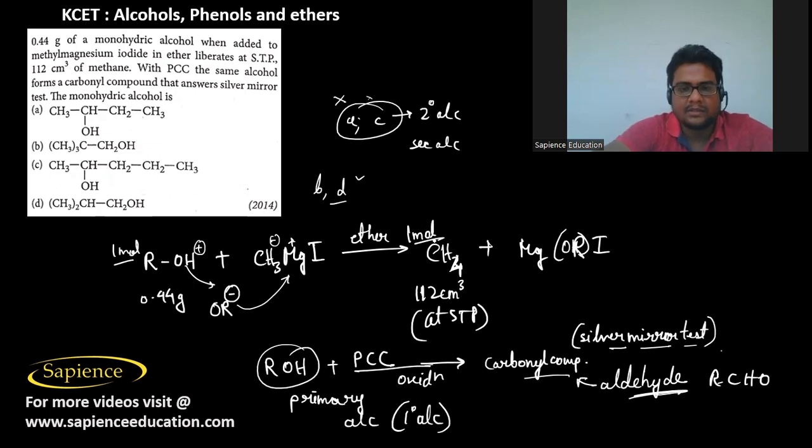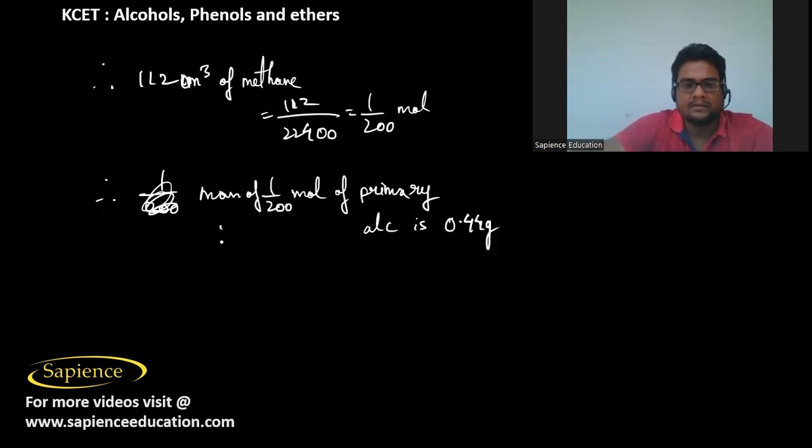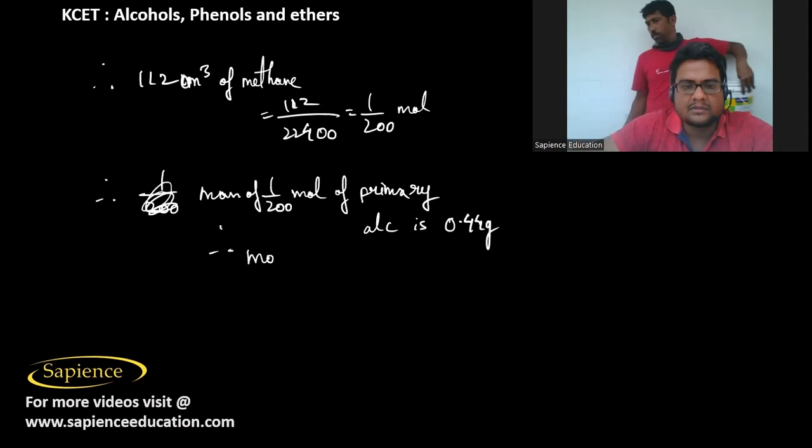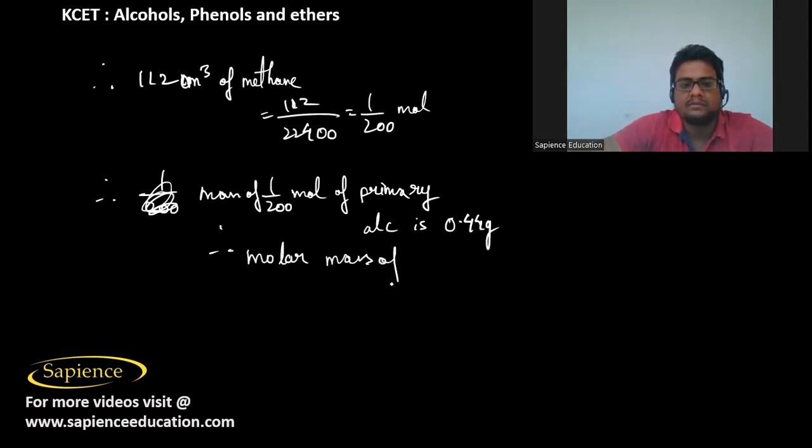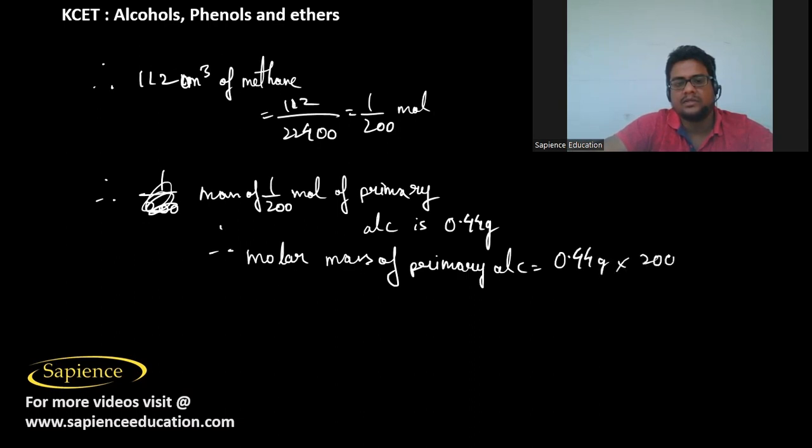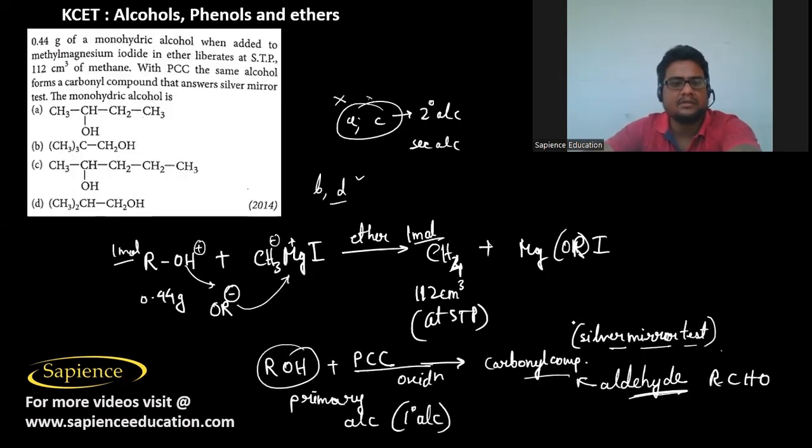So the molar mass of this primary alcohol will be 0.44 gram into 200, which is equal to 88 gram. So 88 gram is the molar mass.